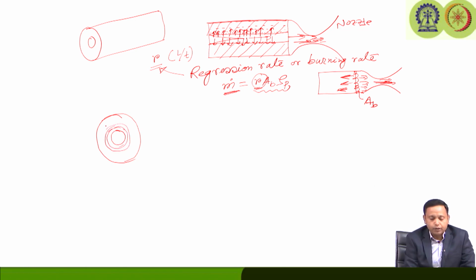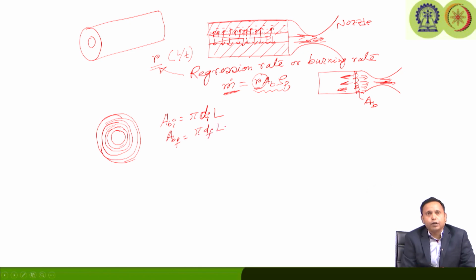The evolution of burning surfaces will continue like this and it will go on. Okay. So, one can define the initial burning surface area as Ab_i equal to pi d_i into L. The final burning surface area can be defined as pi, the final diameter, into L.